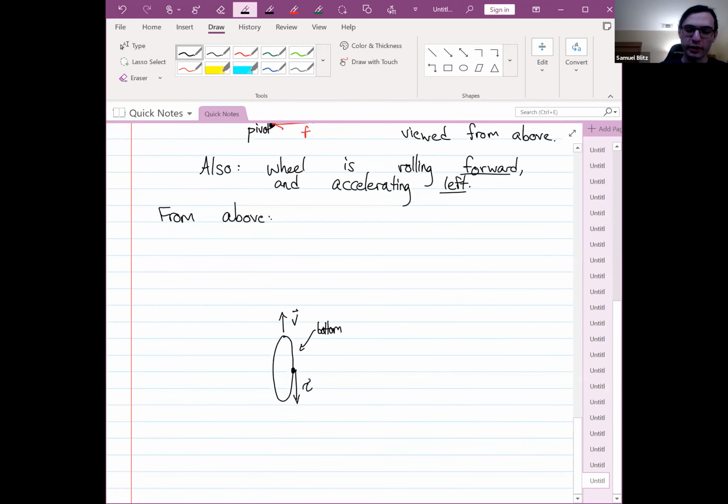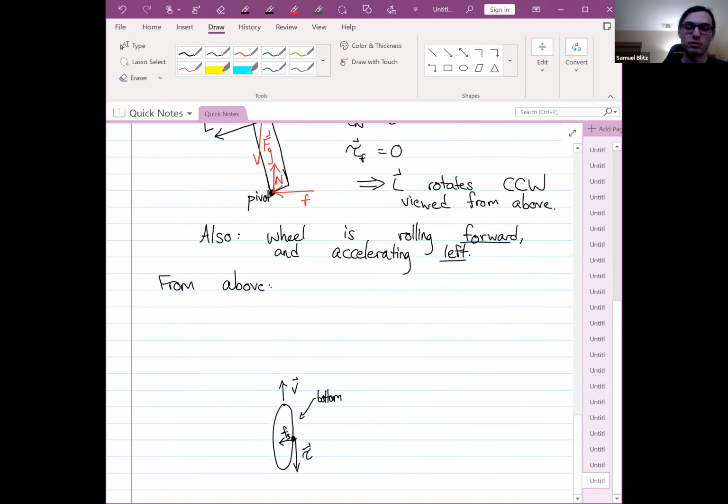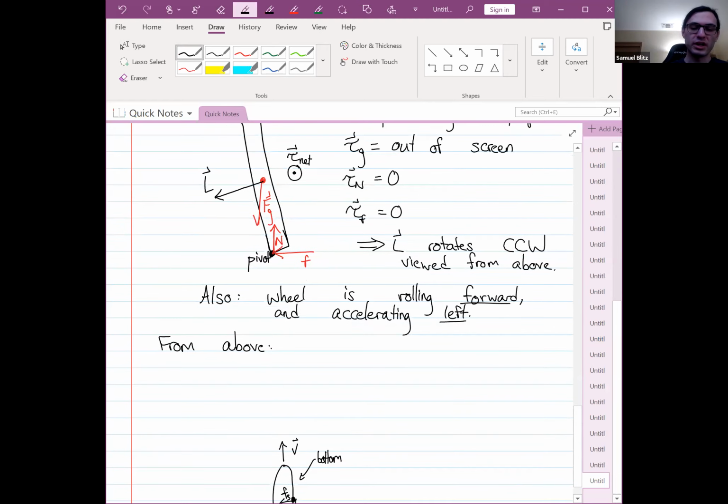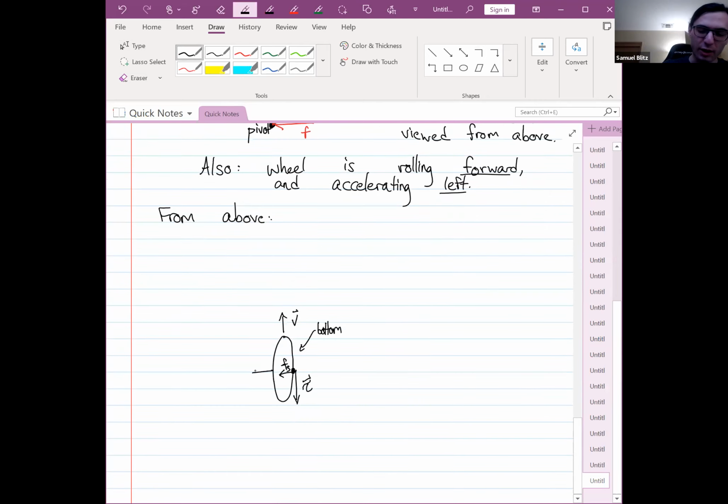So here's our torque. We also know that there's a frictional force this way, F sub s. That's pointing in. It's this force here. And then we know what direction the angular momentum is. The angular momentum points to the left. Okay, so that's a lot of things to label here, but those are the important relevant things.